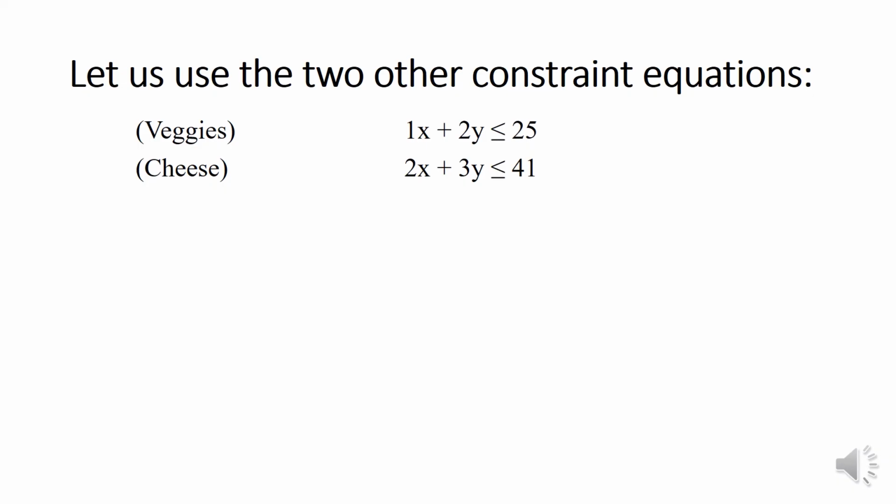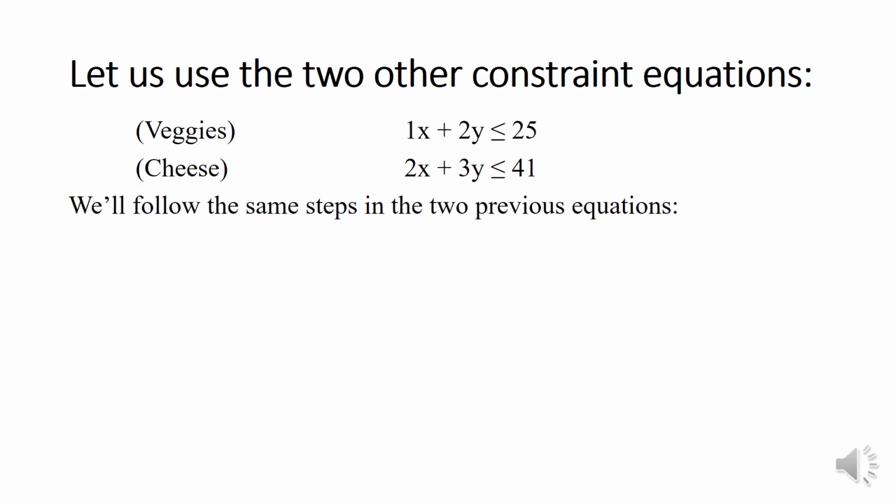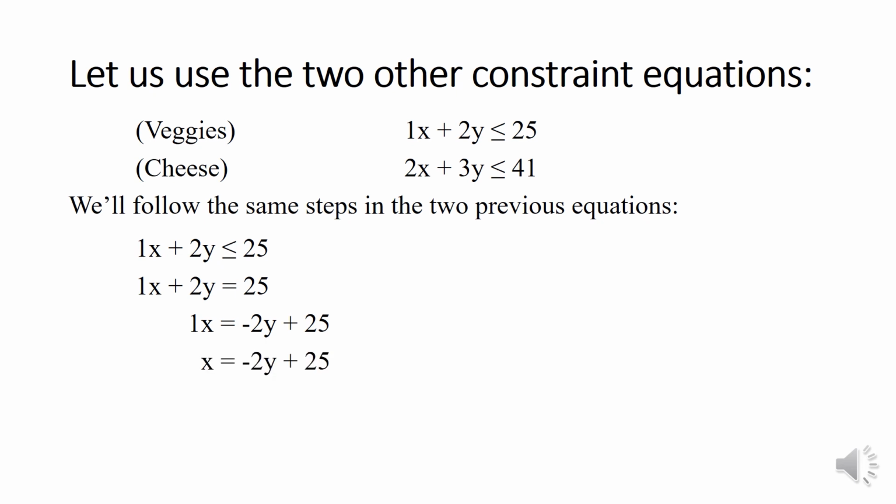Our first step again is to convert the inequality sign to an equality sign. So this becomes 1x plus 2y equals 25, and we'll transpose, so it becomes 1x equals negative 2y plus 25. Now we have the value of x.